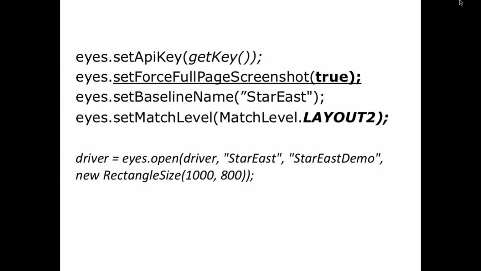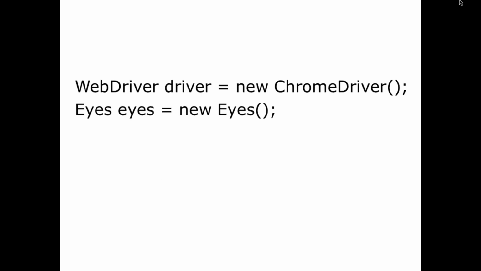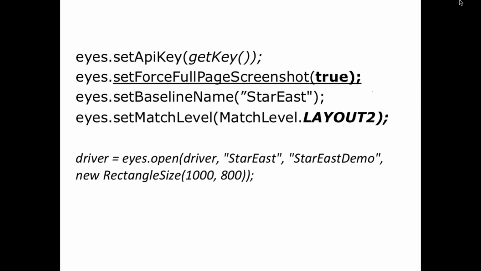Here are the main ones that I always set. After I create an Eyes instance, all I need to do is set my API key. When you use Applitools, you get a customer-specific API key. You just need to plug that in, and it helps you identify your tests when they run within the Applitools application. So, set the API key.